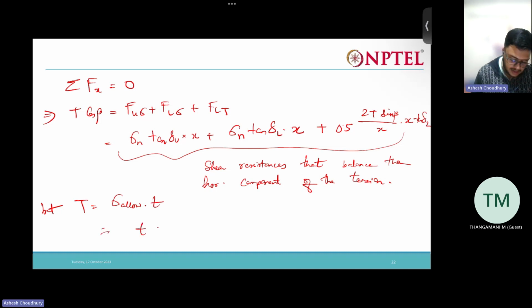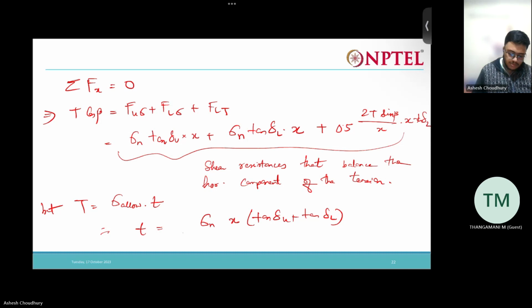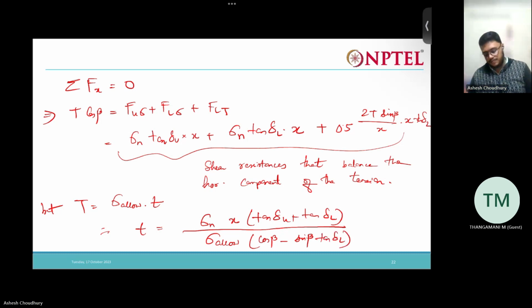Therefore, this thickness we can get, with sine beta. This is the thickness.